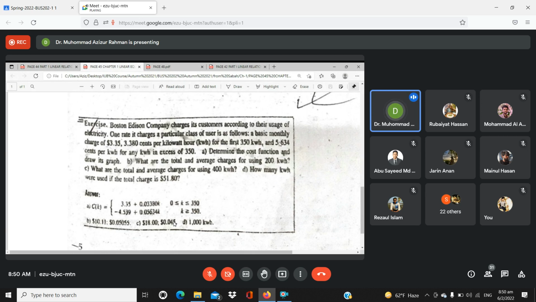If we exceed 350 kilowatt hours, the charge is also different, 5.63 cents. Determine the cost function and draw its graph. What are the total and average charges for using 200 kilowatt hours? What are the total and average charges for using 400 kilowatt hours? How many kilowatt hours were used if the total charge is 51?